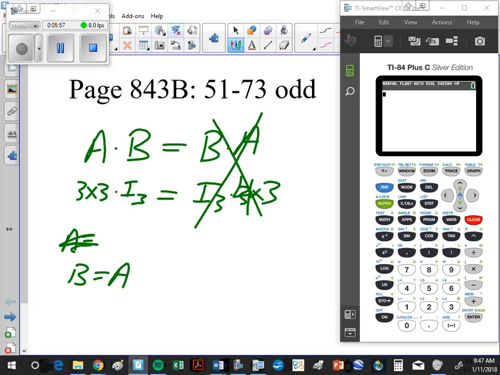And the way we write A inverse is this, A to the negative 1. Which tells us the only matrices that have inverses are square matrices. And even then, it's not a guarantee.